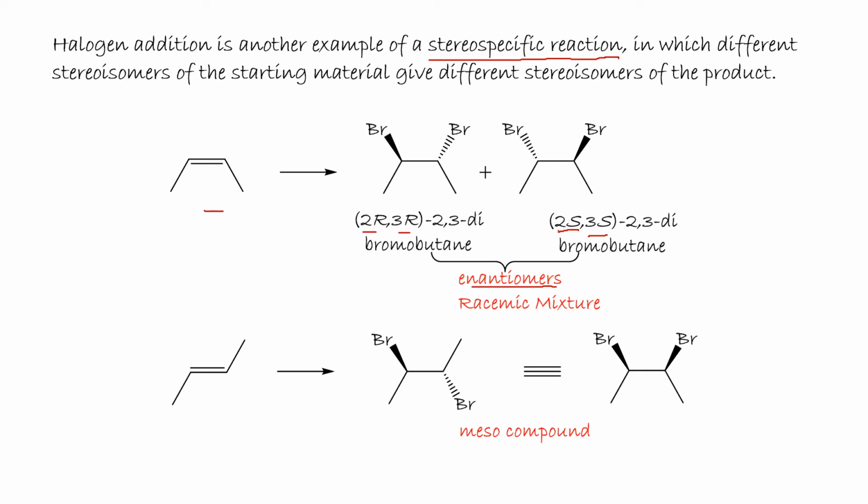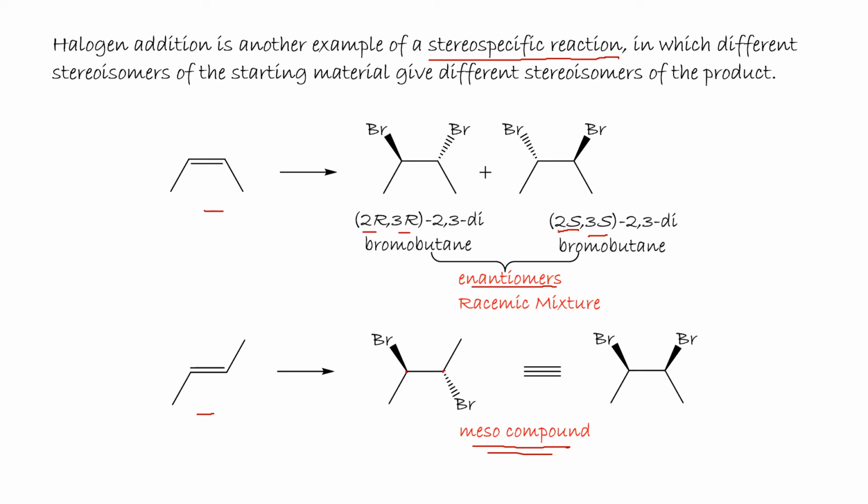When we start with the trans or E isomer, we get again a compound, but in this case it's meso, so it is 2R,3S, and the meso compound is one compound, it doesn't have an enantiomer.